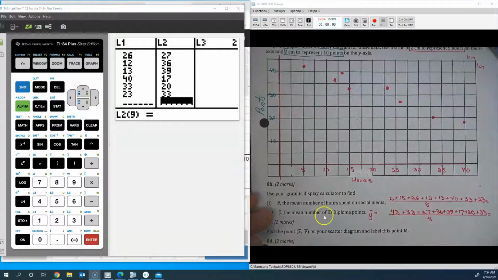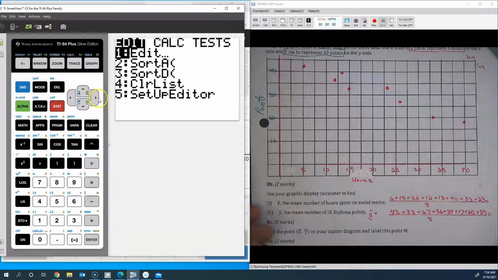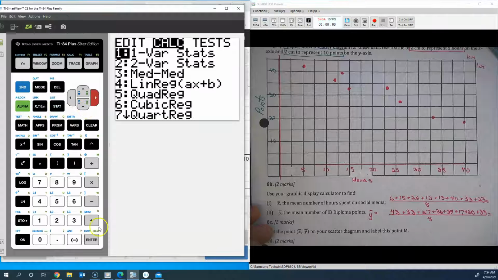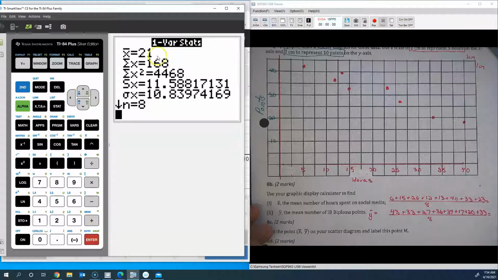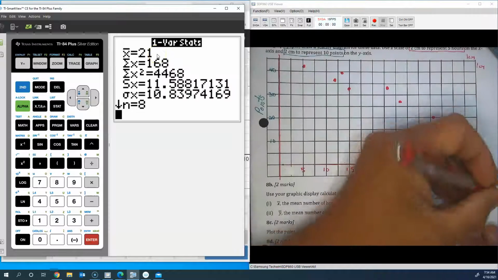Now I want to find the average of the X's, the hours, and the average of the diploma points. I can use my calculator and do the one variable statistics. This will give me the mean of the X's, which is 21.